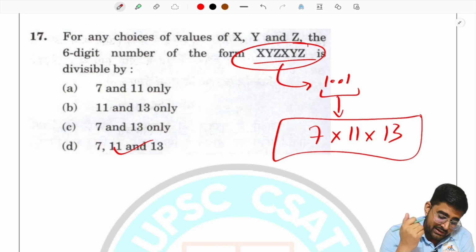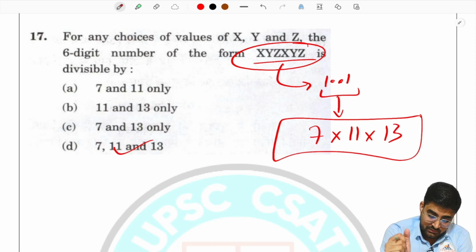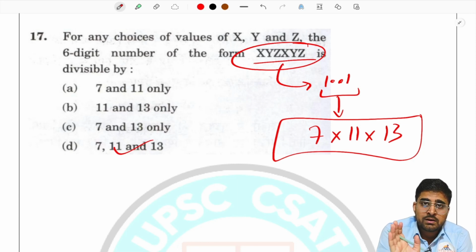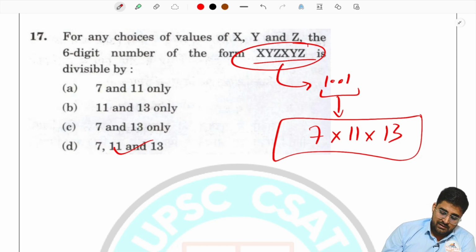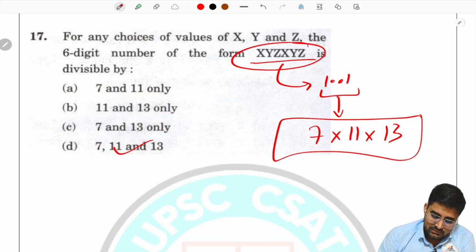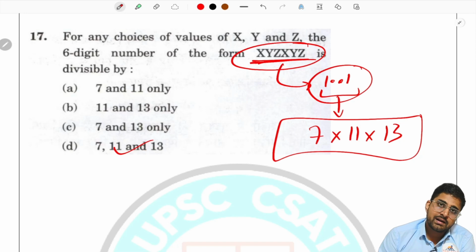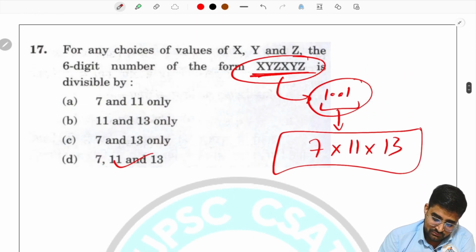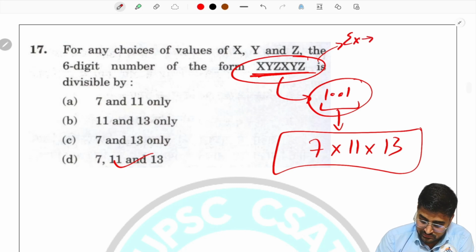So let me explain how this is possible. You need to have some patience. Let's gain some knowledge here. So the answer is this only. Whenever you see this, just remember, for example, let's take 932932.